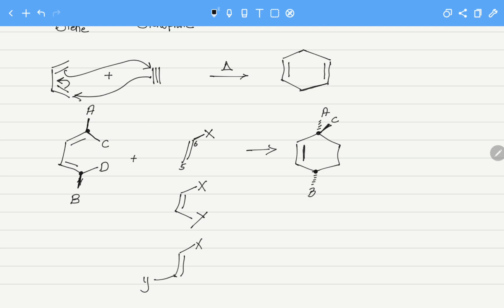So wedge C and wedge D. Now, with respect to the stereochemistry of X, if we just have one branch, then draw it as a dashed bond, and this will be the endo product, no matter what X is.